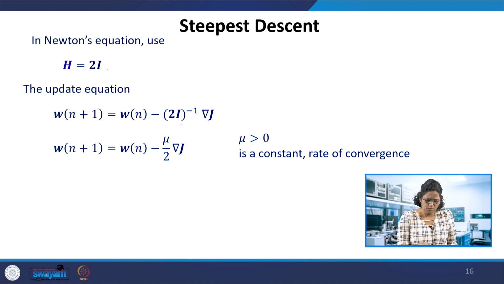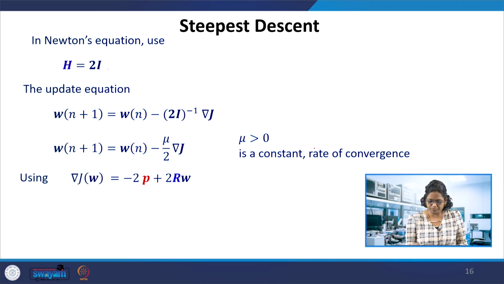Depending on mu, the weight vector will be updated, and we can find the solution. Mu is the constant rate of convergence, that is, how fast we can converge to the optimum solution here.